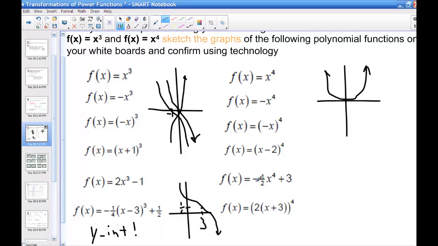You are reflected over the x-axis and you're moving up 3 units. Here the k value is factored out. You're horizontally compressed by 1/2. You're moving to the left 3 units.